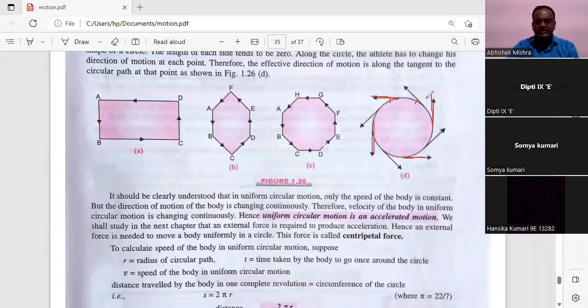Suppose all the points are not possible. So at this point, it is going in this way. At this point, it is going in this way. So these are the tangents. I think this was a query of Dipti and Soumya. Dipti and Soumya, is it clear? Okay.